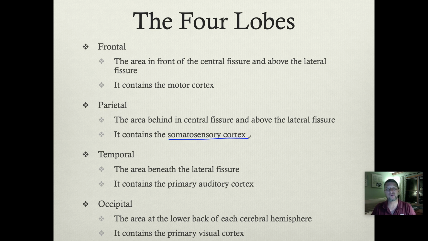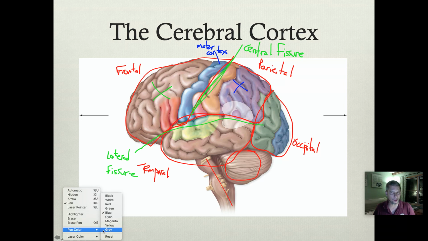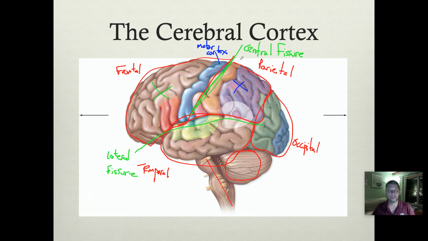And that is responsible for taking in information from all of your senses, your eyes, your ears, your tongue, especially your sense of touch. All right, that's the most important one. And that is represented by the orange line that you see. I don't have orange on here. We'll use yellow. All right, but that's this line in here.